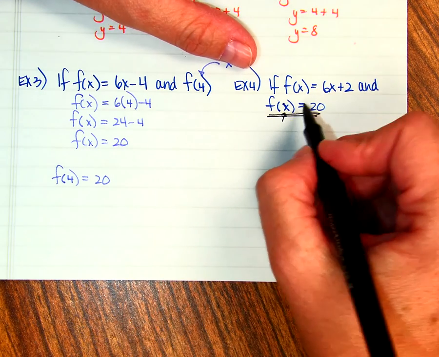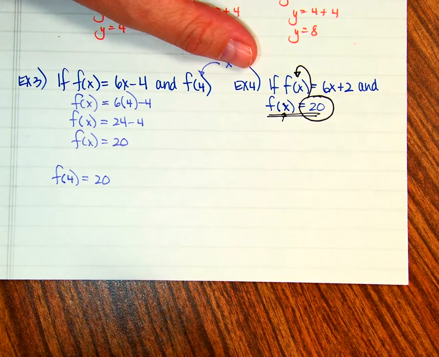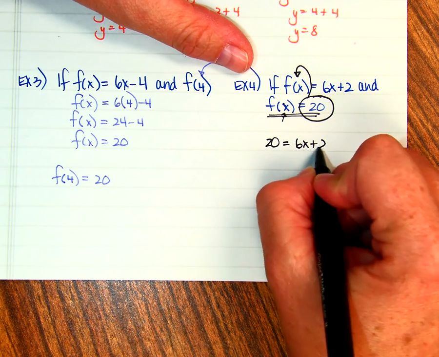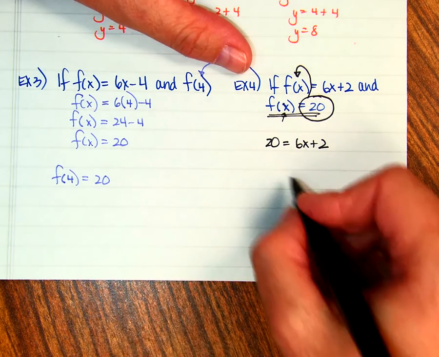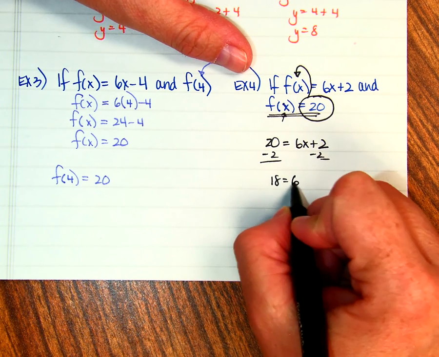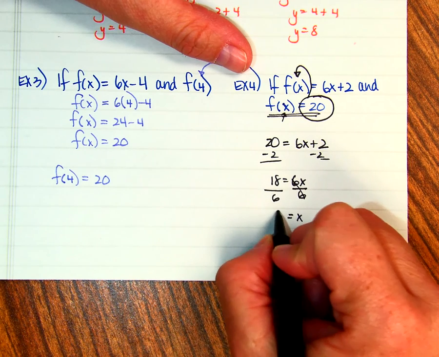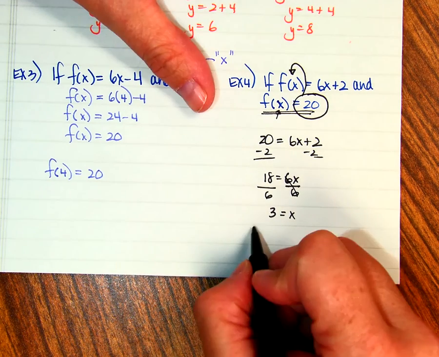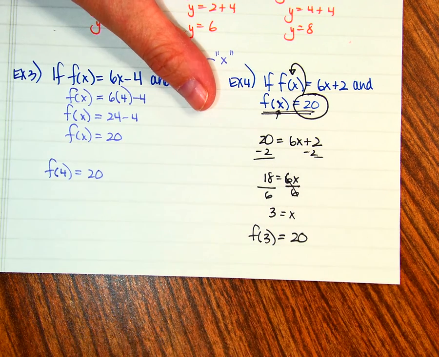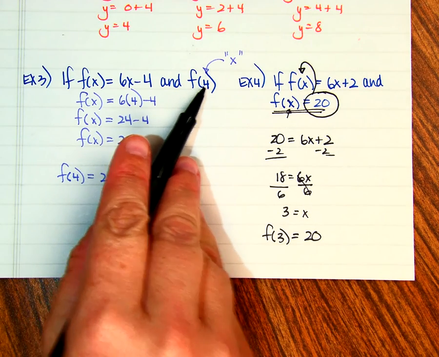So that means my f of x of 20 has to go in there. So that means 20 equals 6x plus 2. So I'm going to solve, subtract 2 on both sides. 18 equals 6x. Divide both sides by 6, and I get x to be 3. So what that means is that f of 3 equals 20. Notice the difference on what we plugged in, what we started off with, and what we ended with.